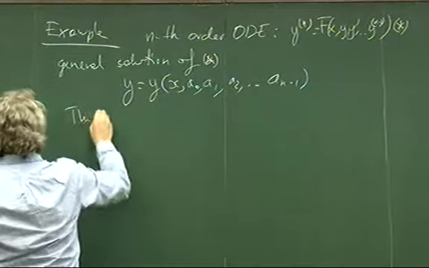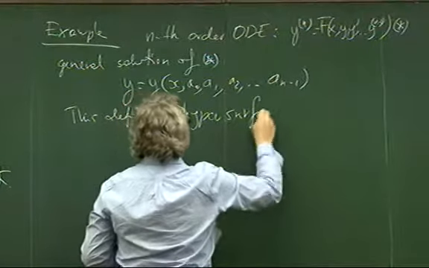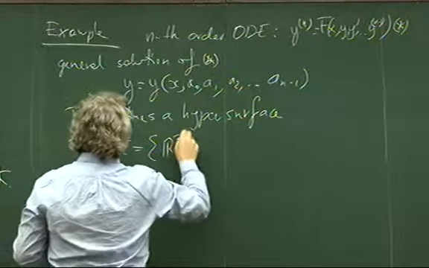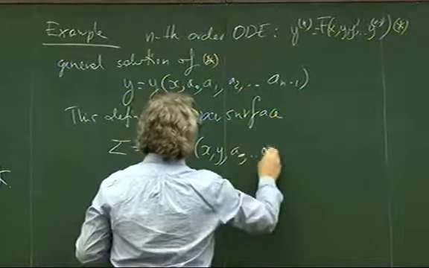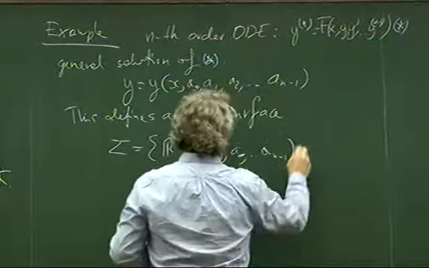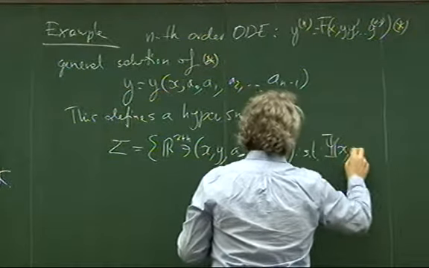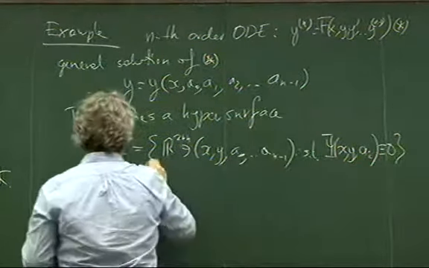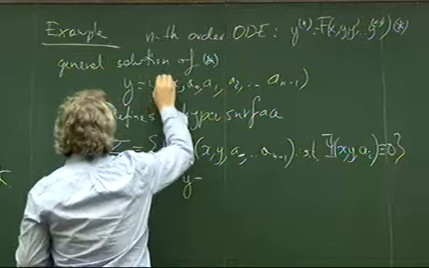So this defines a hypersurface sigma in R^(2+n) with coordinates x, y, a_0, ..., a_(n-1), which is defined by capital psi of x, y and the a_i's equal to 0, where this capital psi is just y minus, let me call this solution small psi, yeah?